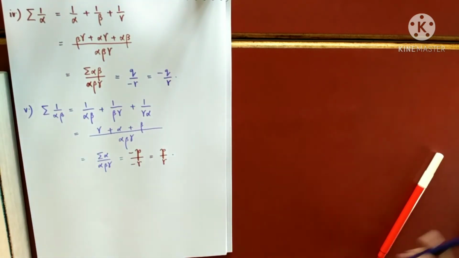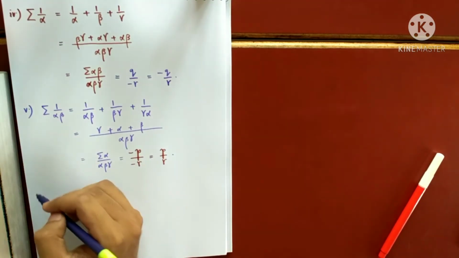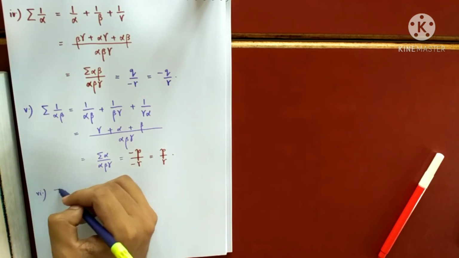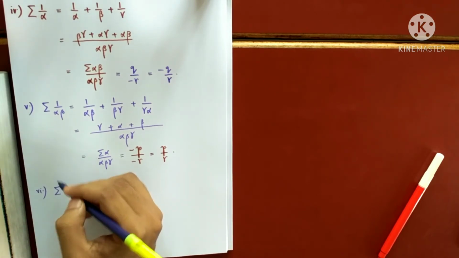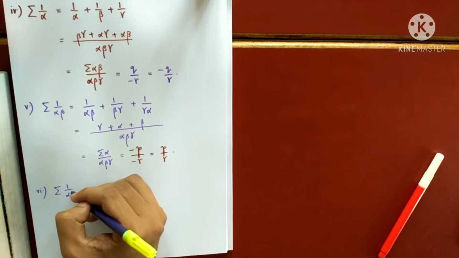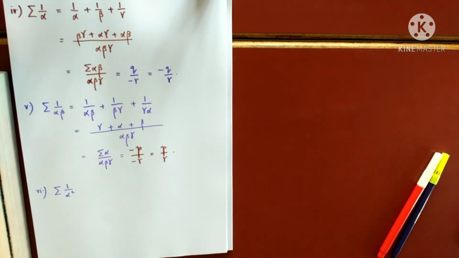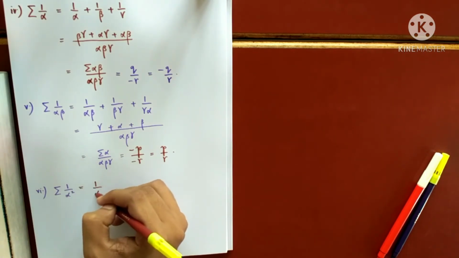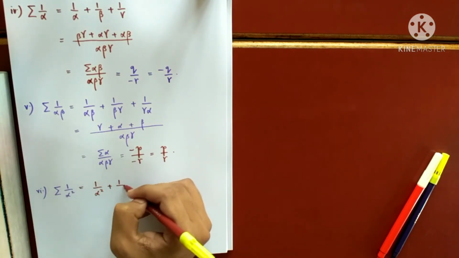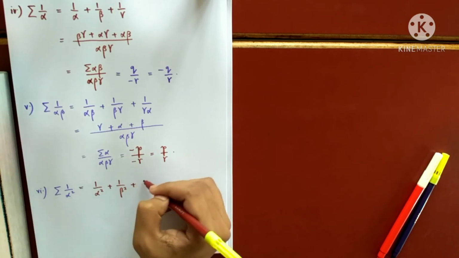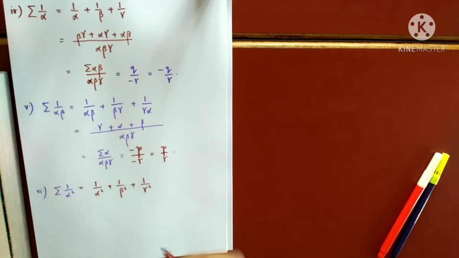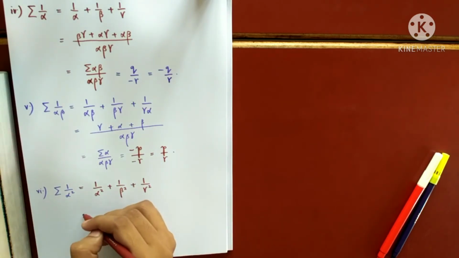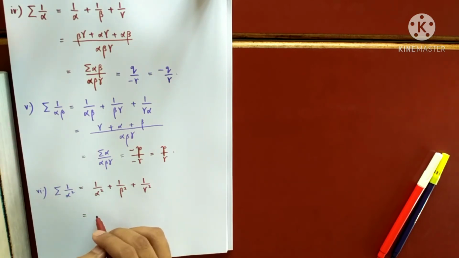Okay. Number 6 they are saying is summation 1 by alpha square. So what is this? First of all, 1 by alpha square, 1 by beta square, 1 by gamma square. So let's take LCM again. So what is the LCM?